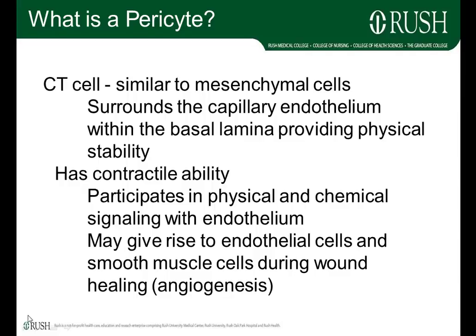It also has some contractile ability, so it acts in the same manner as a smooth muscle cell, but it's not a muscle cell per se. It participates in physical and chemical signaling with the endothelium, and in some cases may give rise to endothelial cells or smooth muscle cells during wound healing, and that's the process of angiogenesis.